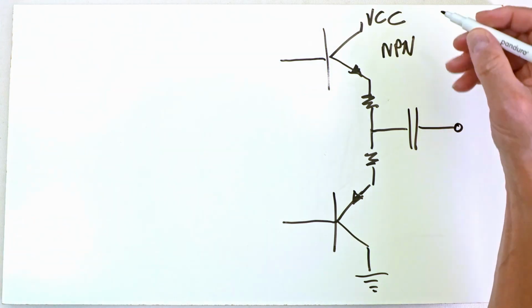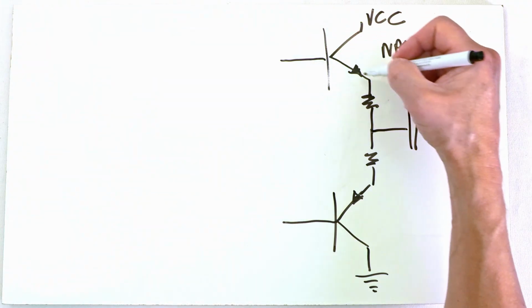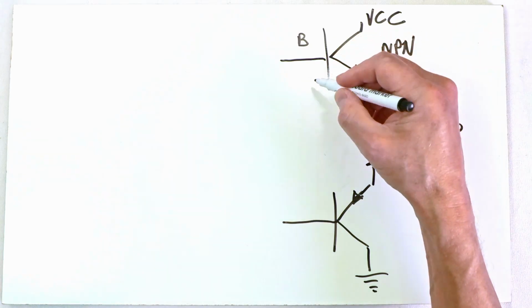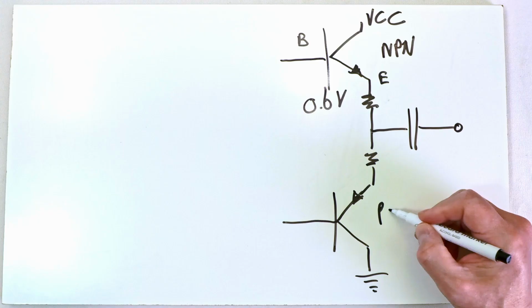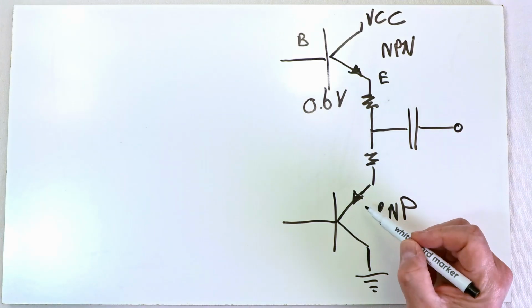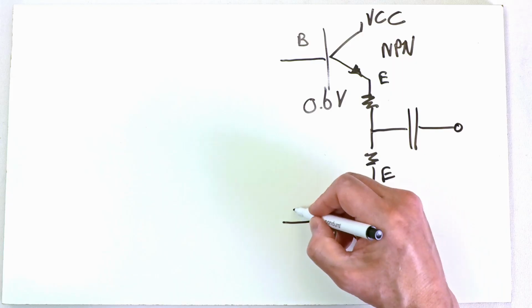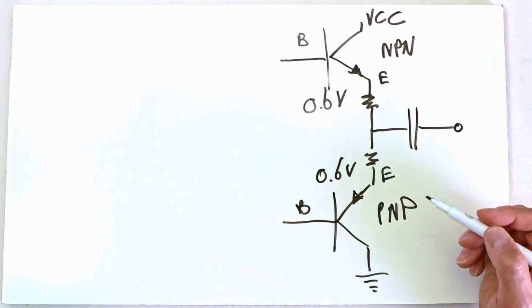To switch on this NPN transistor, there has to be a voltage drop across the base and the emitter of around 0.6 volts. At the PNP transistor, it's the same. The voltage drop across the emitter and the base has to be 0.6 volts.